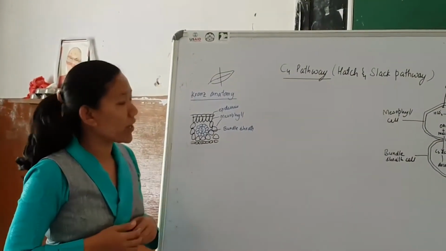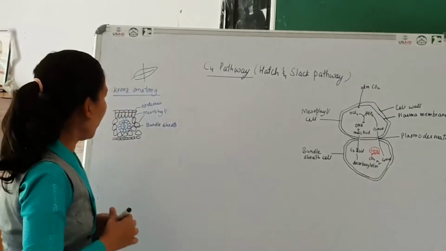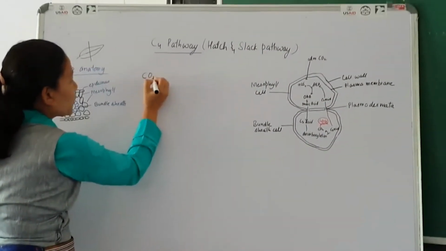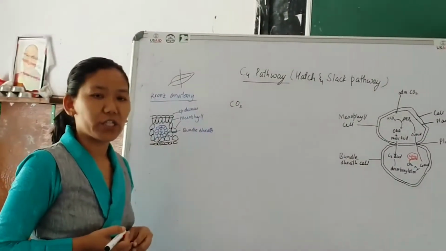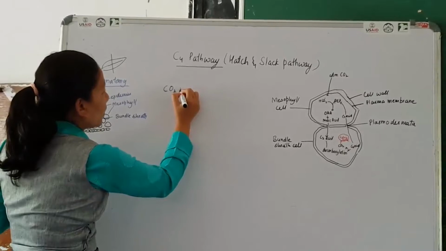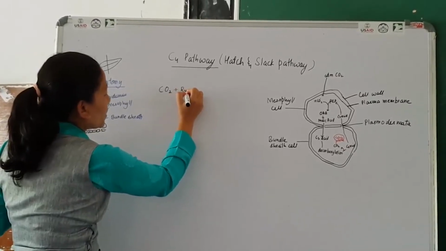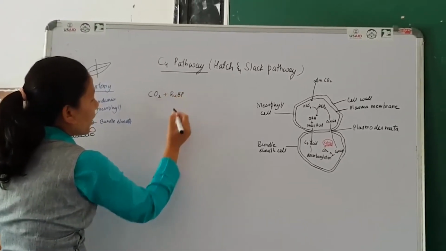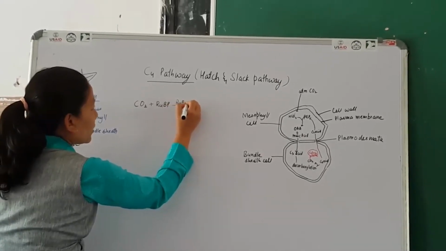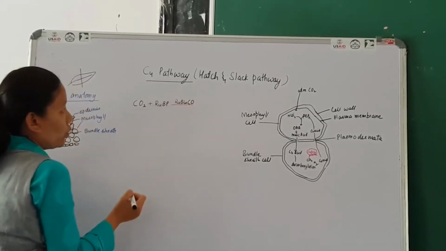So let us look at the pathway. Now usually what happens is this carbon dioxide is fixed during the dark reaction or biosynthetic pathway, and the acceptor is RuBP, and it is catalyzed by Rubisco.